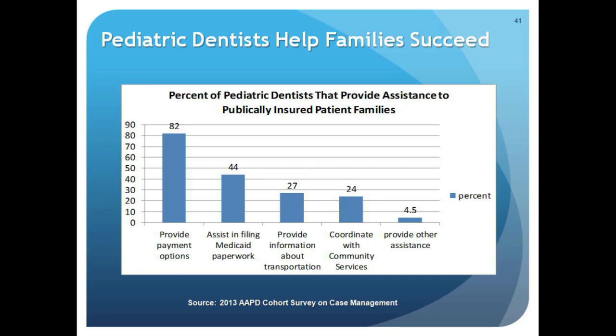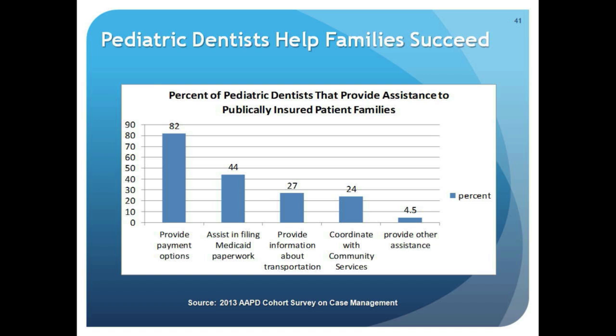The first survey that we did was related to case management and serving low-income families. And we found out that approximately 82% of our members do provide different payment options, whether that's a sliding fee scale or the ability to make payments or some other type of financing. 44% assist families in filling out Medicaid paperwork. 27% provide information about transportation, and 24% coordinate with community services.